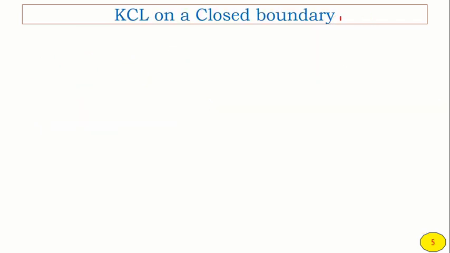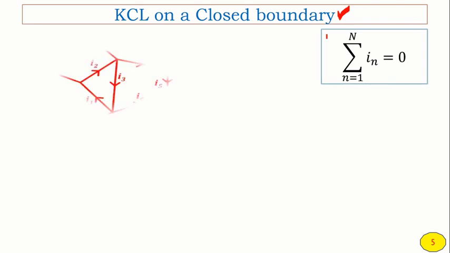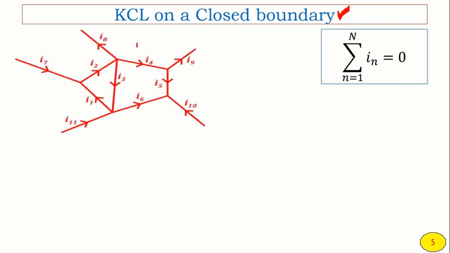Now, let us apply KCL to a closed boundary. Let's take an example. You can see various branches and nodes, but here we would like to apply KCL to a closed boundary. So let us randomly draw a closed boundary like this.